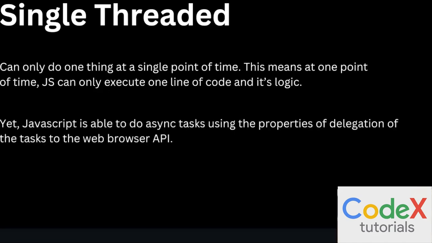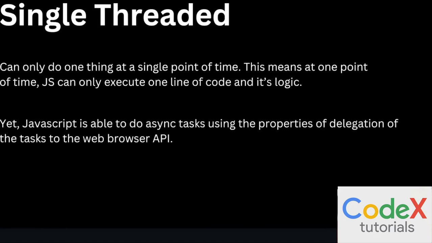But that does not stop JavaScript from doing asynchronous tasks, which is again running parallel lines of code, right? But it does so without the use of multi-threading. And the way it does is via the property of delegation. This is something which is well advanced in JavaScript and beyond the scope of our discussion.